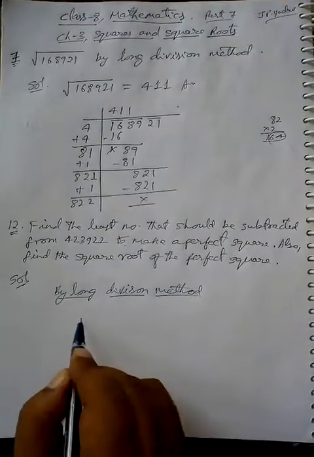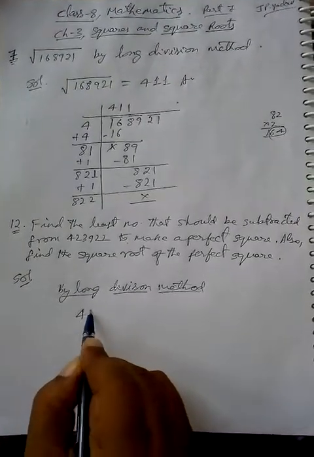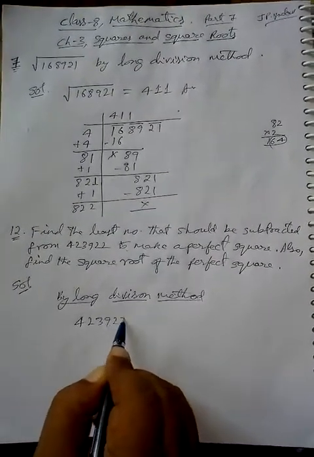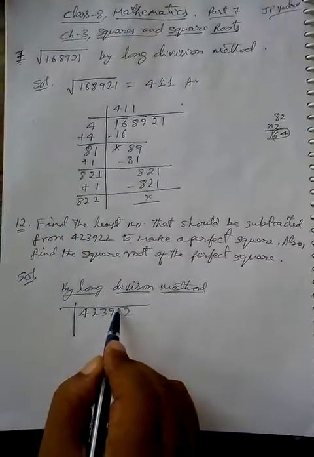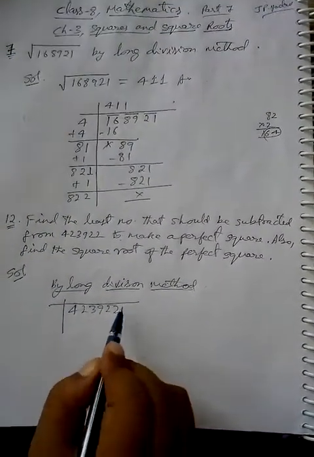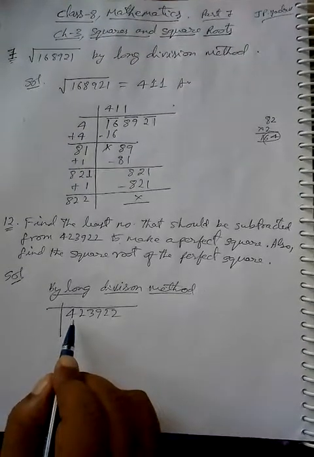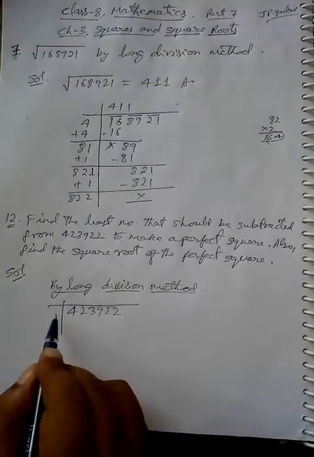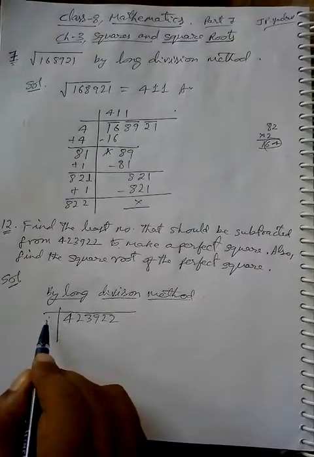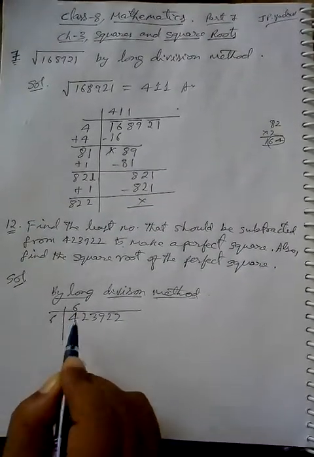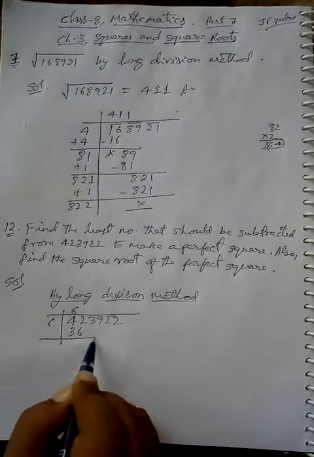By the long division method, 423922 must be taken in this format. Make pairs from the last, that is the unit digit. Now take one pair at a time. 42: 6 6s are 36, because 7 7s are 49, which is greater than 42. So we will take 6 6s are 36.